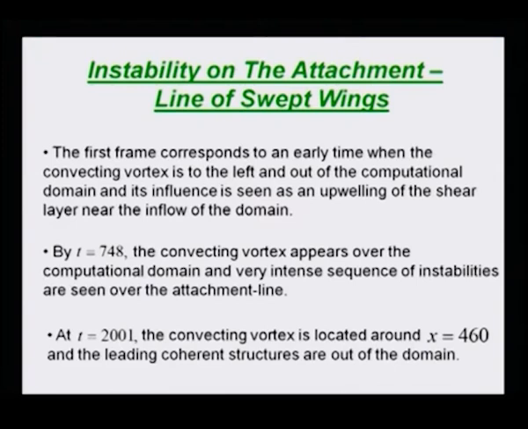And if we look at a large time, the convecting vortex is located at x equal to 460, while the leading edge of the coherent structures, they have actually moved out of the computational domain. Okay.